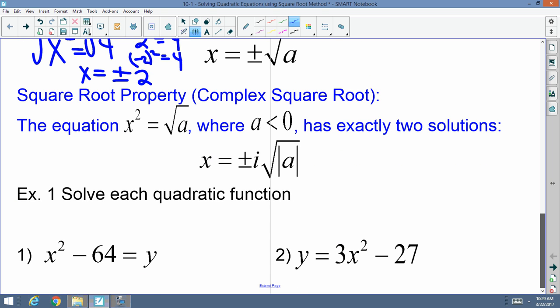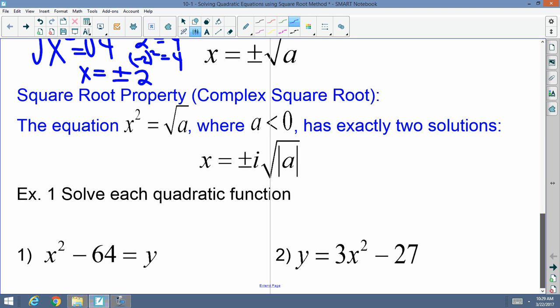If I have x squared equals a, where a is less than 0, it's a negative, it has exactly 2 solutions: plus or minus i times the square root of the absolute value of what's inside of that radical.